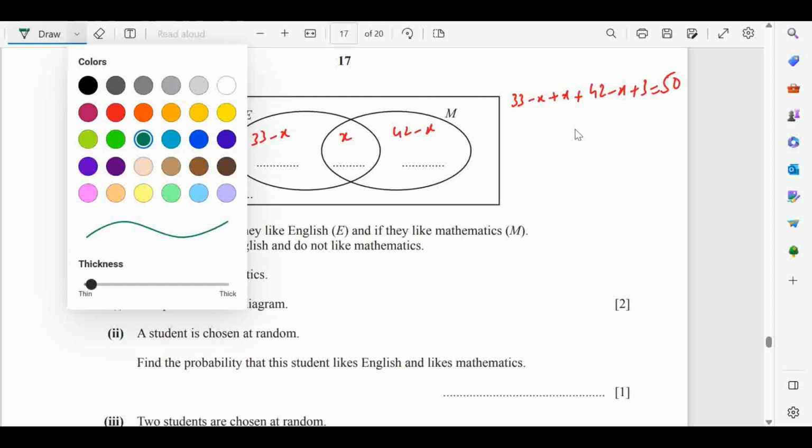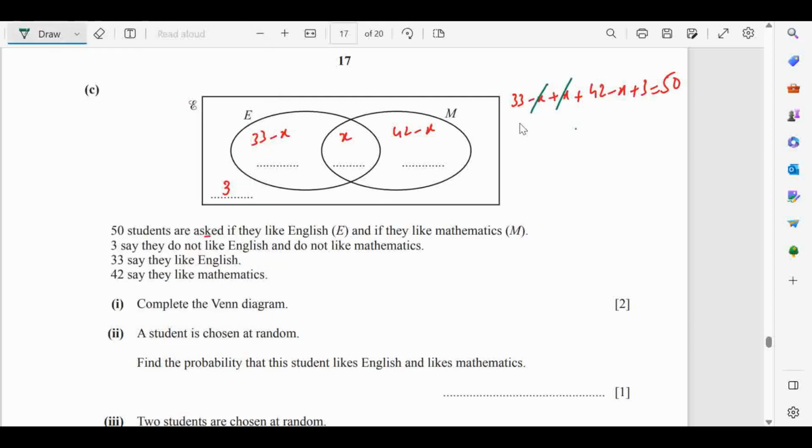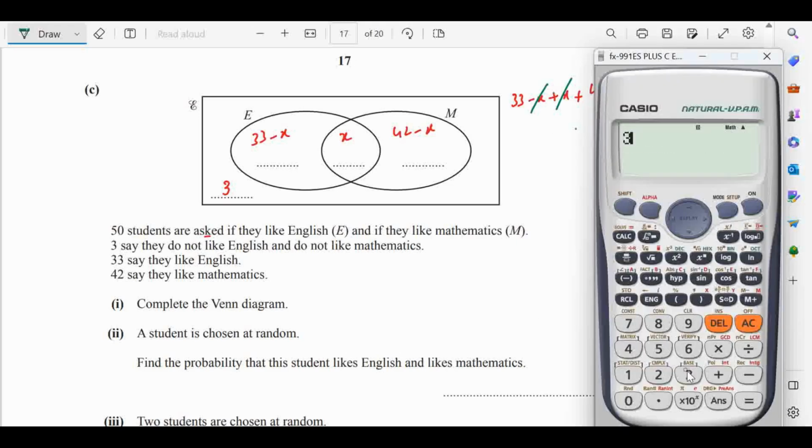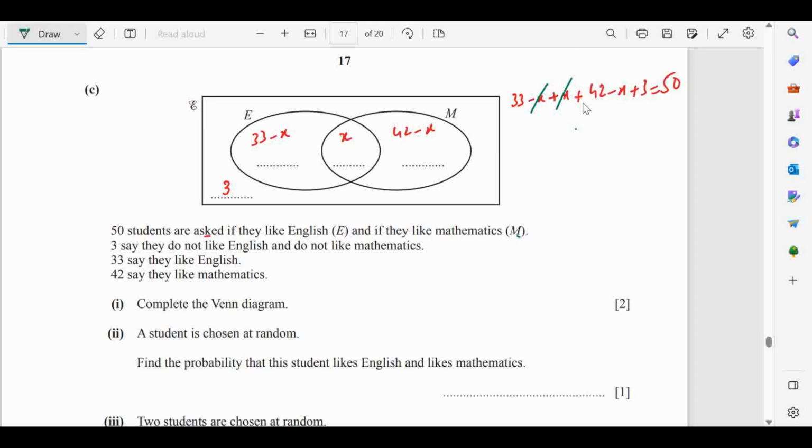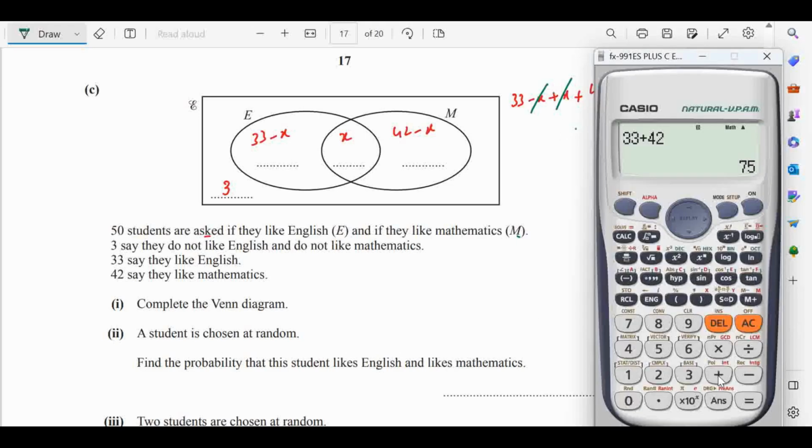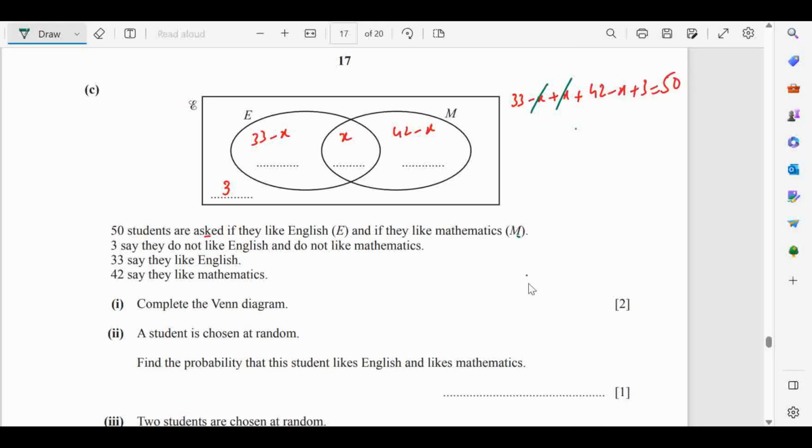Now if we simplify it, 33 plus 42 is 75, plus 3 is 78.